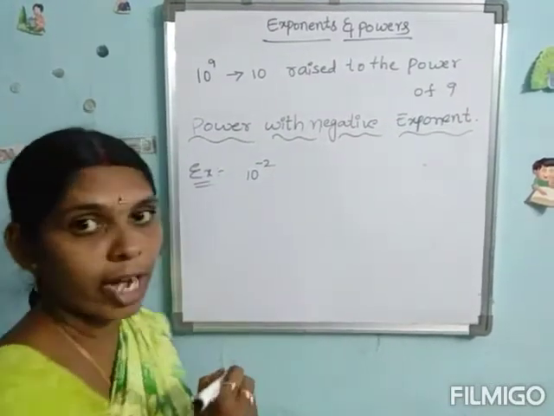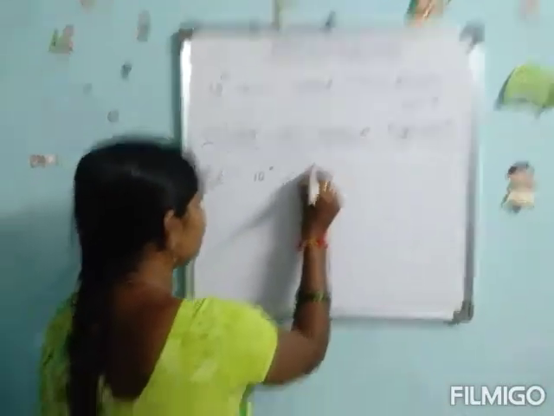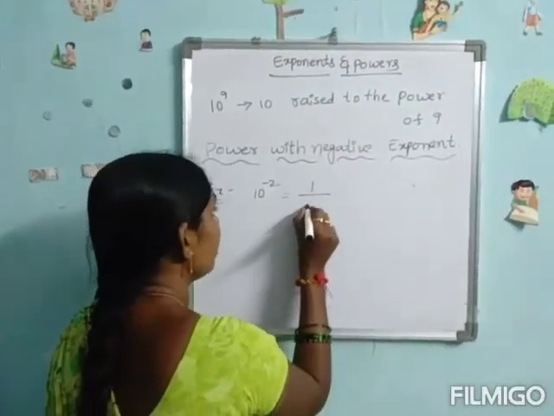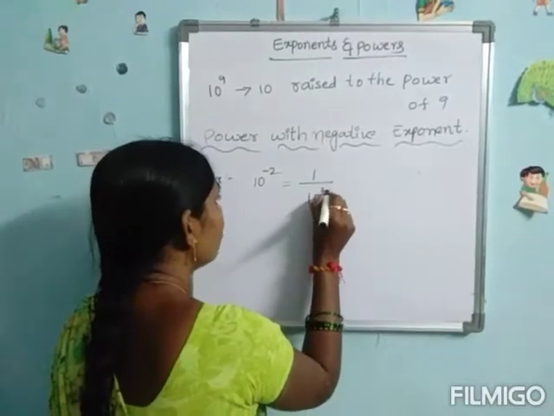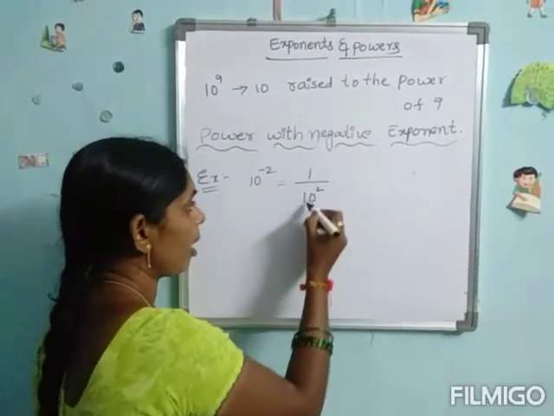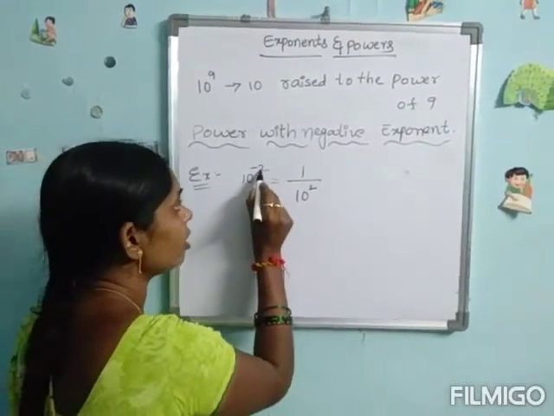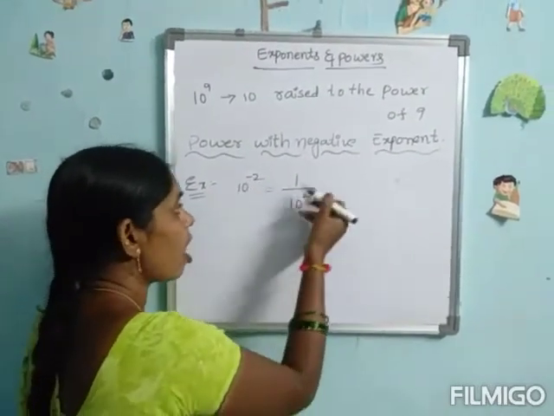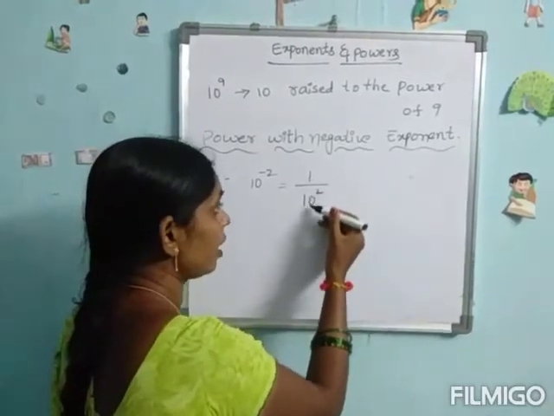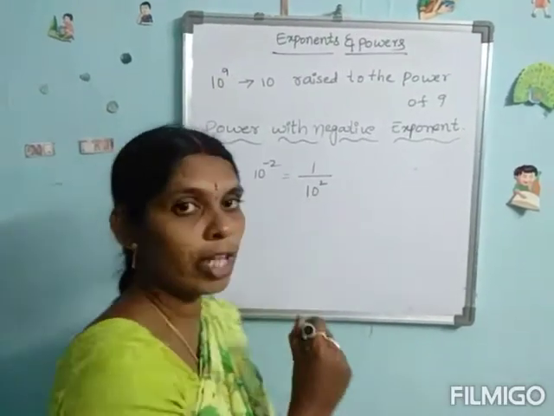So how do we write this one? We write it as 1 by 10 to the power of plus 2, that is, 1 by 10 to the power of the positive exponent. Here we have the negative exponent. How are we converting this one? 1 by 10 to the power of the positive exponent.